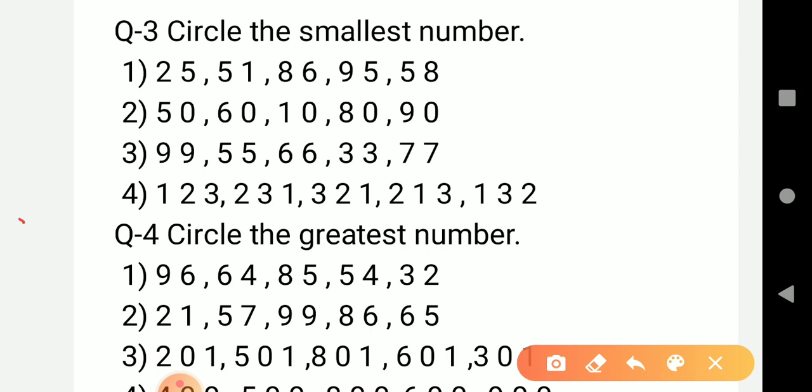Yes, very good, because 25 has 2 in the tens place and it is smaller than the other tens. That's why it is the smallest number.